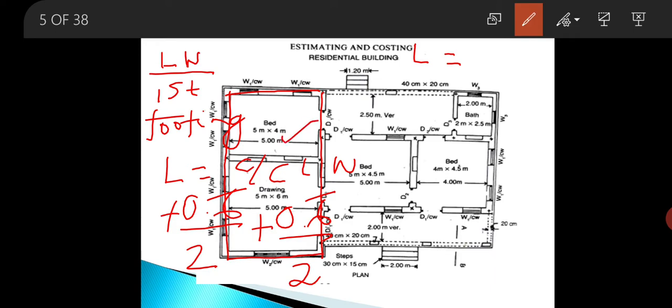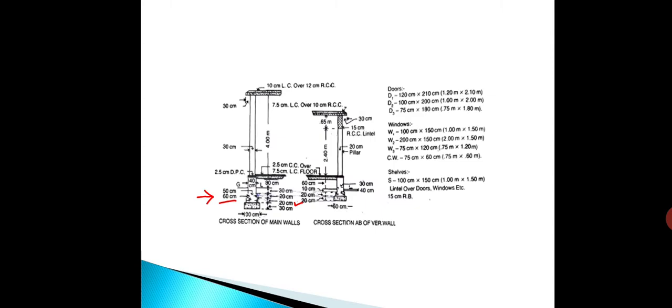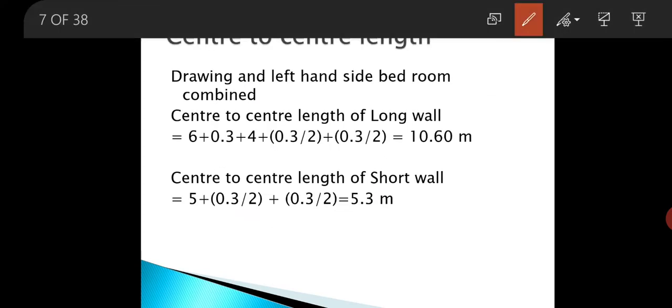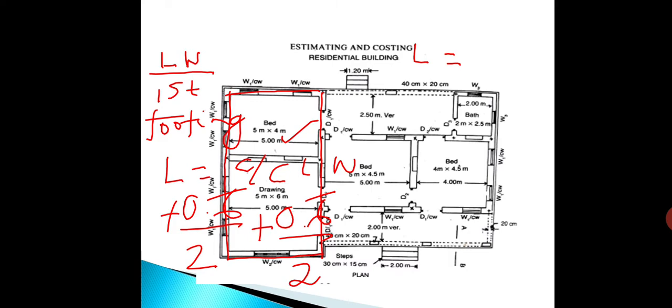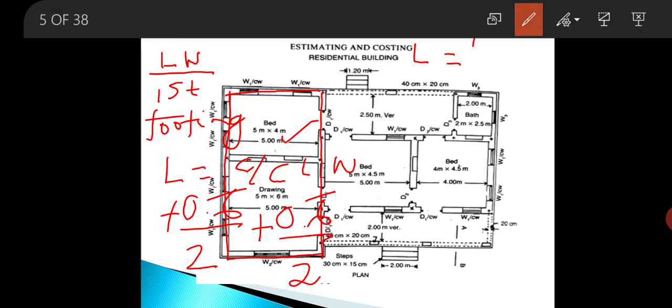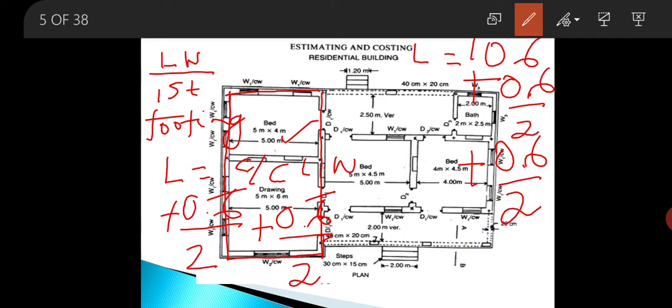So the final length will be, what is the center to center length of the long wall for this part? For the first part, that is drawing room and left hand side bedroom, the length of the long wall is 10.6. Therefore, with 10.6 we will add 0.6 by 2 and again 0.6 by 2, that is half of the width of the first footing.